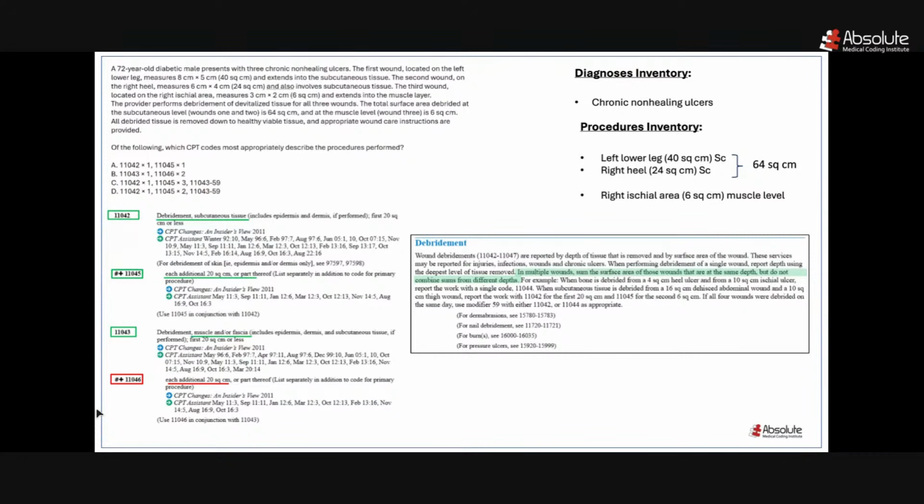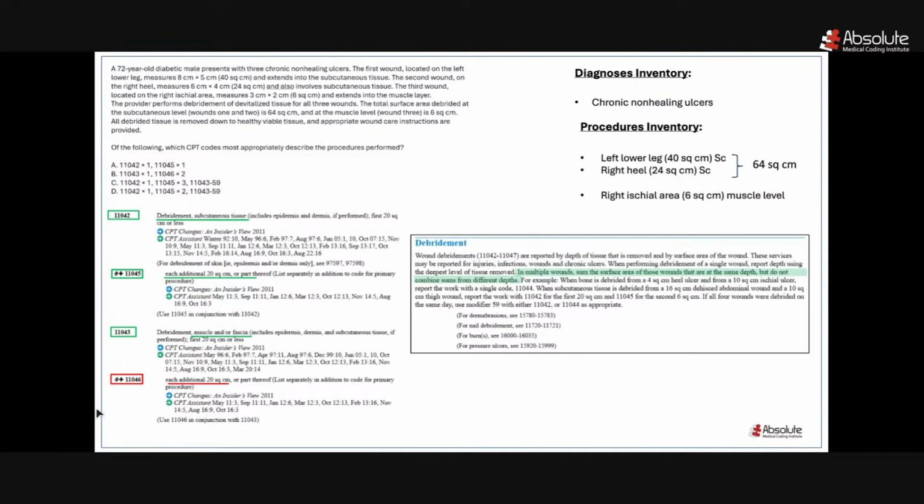The guideline is over here: if in multiple wounds, sum the surface area for those wounds that are at the same depth. So we have already done that for the wound debrided at subcutaneous level. But do not combine the sum of different depths. So we are not going to combine the debridement done at a muscle level. We are going to code them separately.